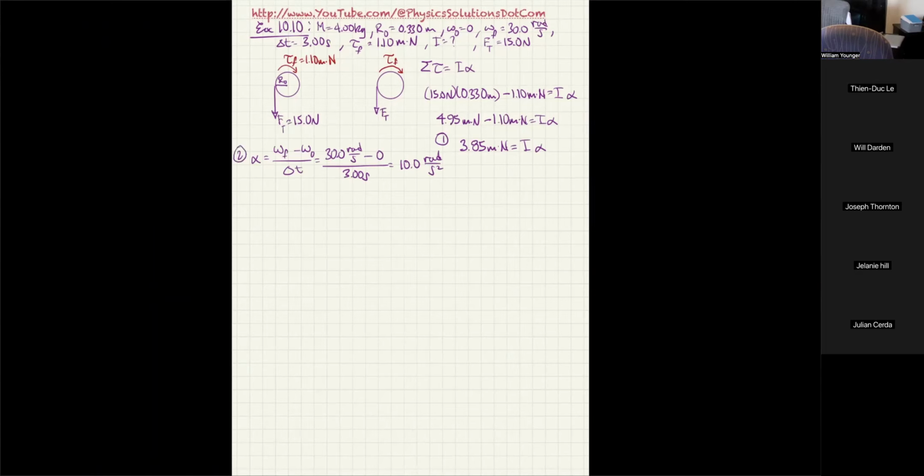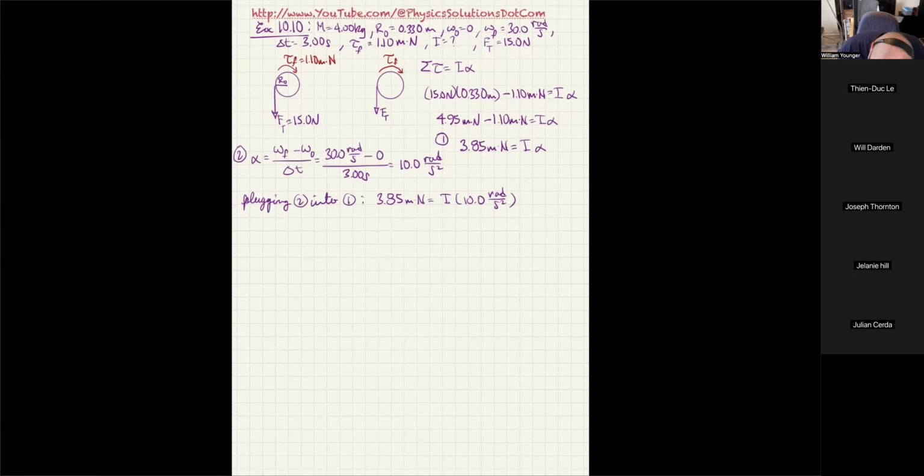I'm going to call that equation 2. Plugging 2 into 1, we get the following. 3.85 meter newtons is equal to I times 10.0 radians per second per second.